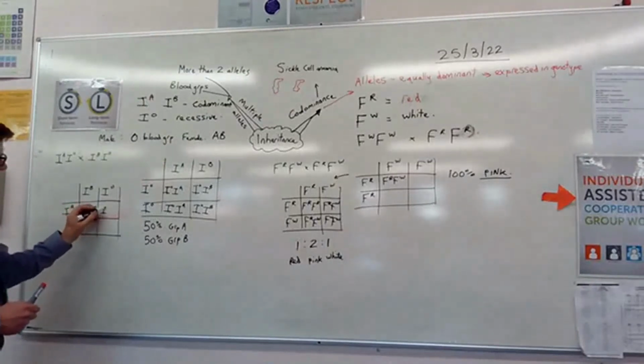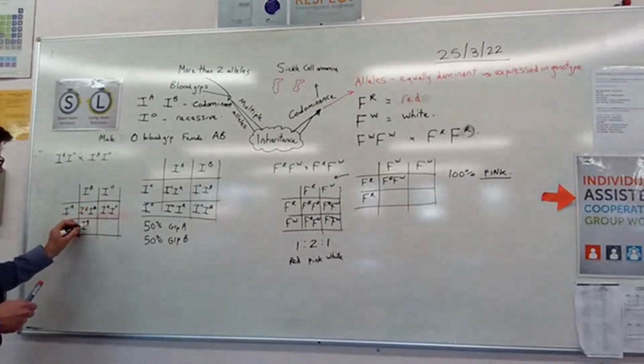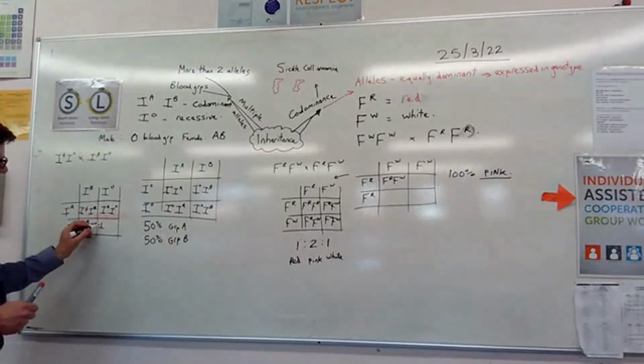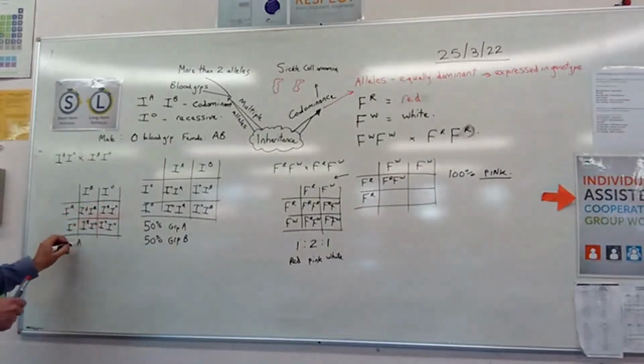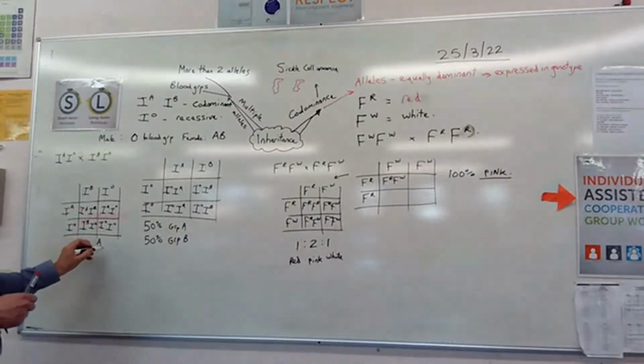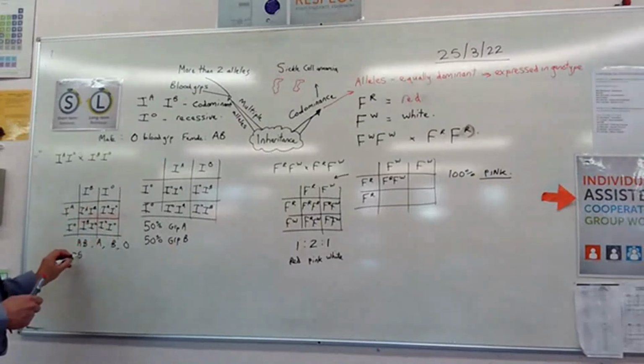That's AB. We have A because it's dominant, B because it's dominant, and O. So you'd have AB, A, B, O, 25% each.